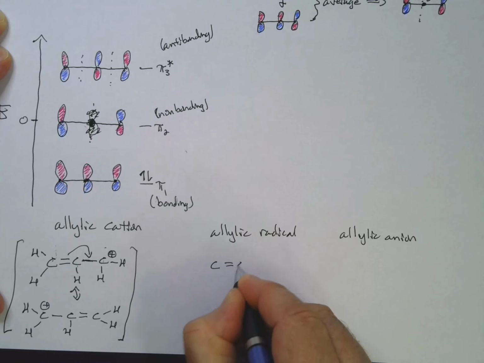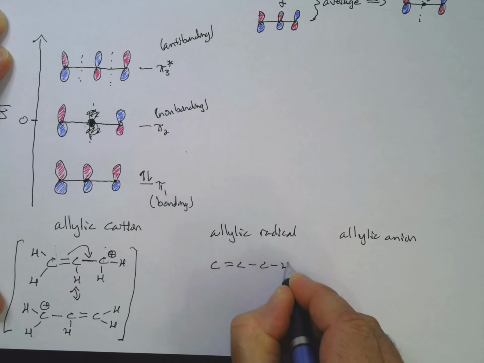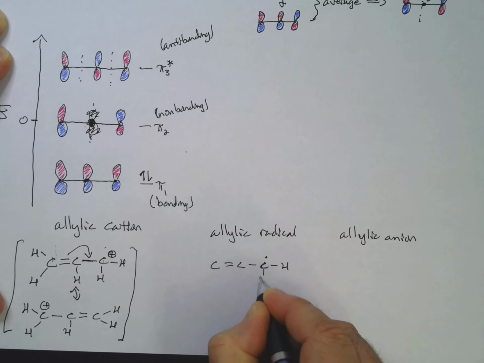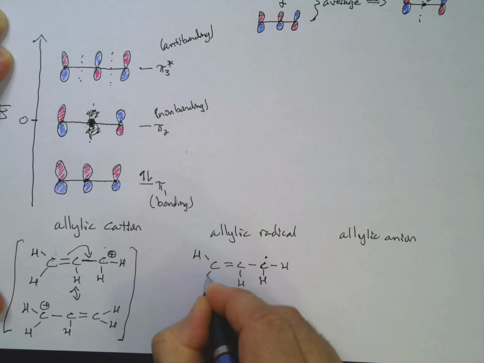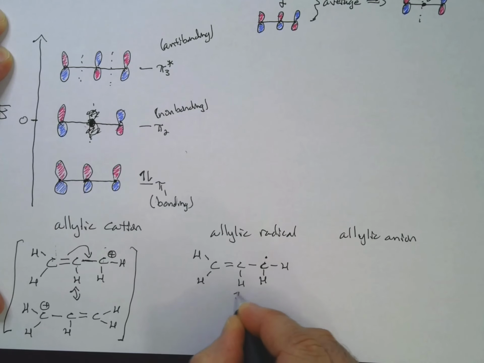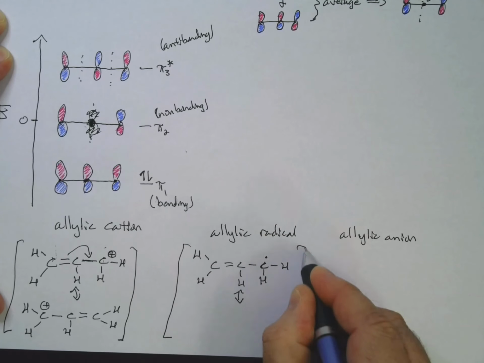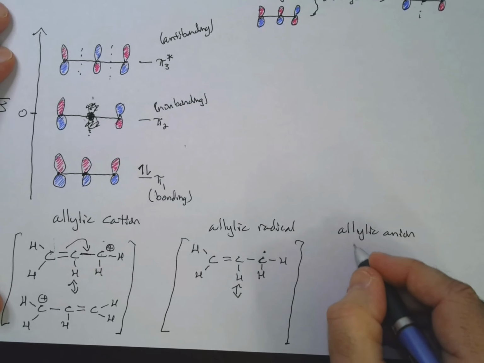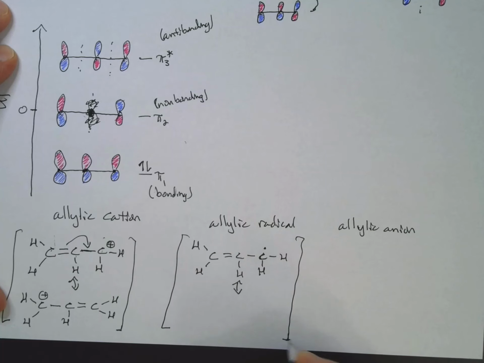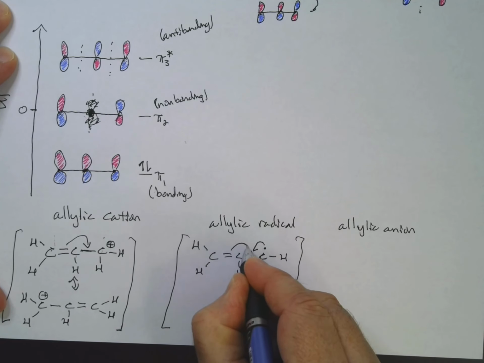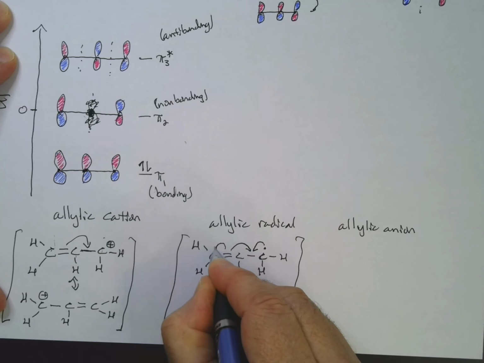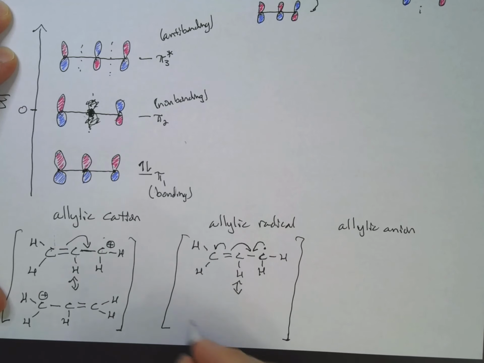And these also have resonance structures. So here I could push an electron there, I could push one there, and push the other one there. Again, I'm doing single fish hooks here because I've got single electrons.